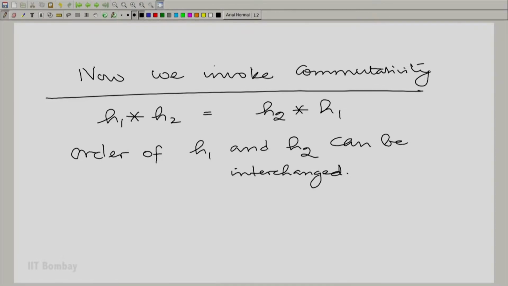So, we notice that the order of h1 and h2 can be interchanged, and there is an equivalent system comprising of the two systems in cascade. It is the same as one LSI system with an impulse response equal to the convolution of the two impulse responses, and it does not matter in which order you convolve these impulse responses, because convolution is commutative.